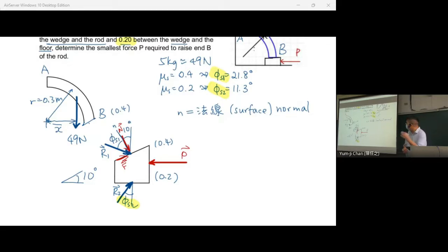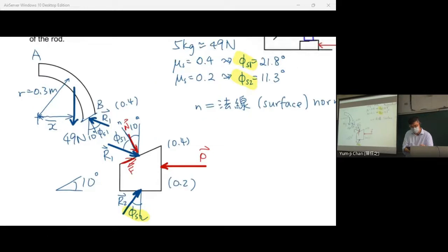Now, after this we go to the free-body diagram of the rod. So this is 10 degrees, and this is phi s1. It looks like this. Sorry, this is B and this is R1. Let me make it bigger.